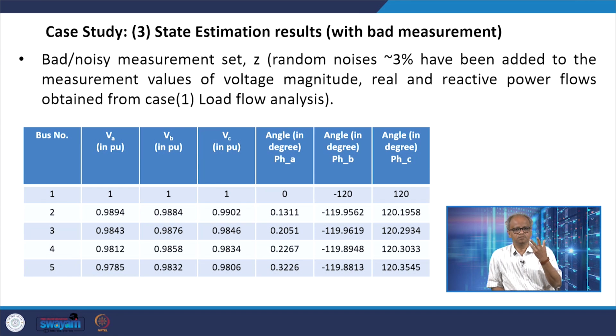But we have already said that every meter has some noise, so we have considered a noise of plus minus 3%. When I add randomly a value of noise within this plus minus 3% in all these measurements, and then recalculate our state estimation, these are the results.